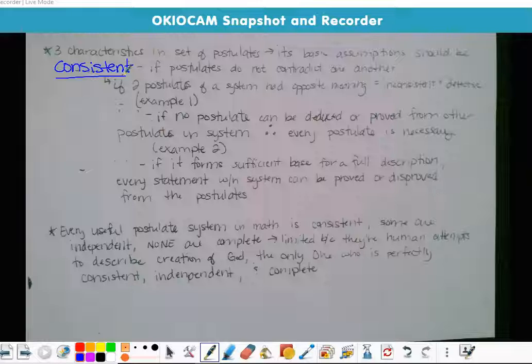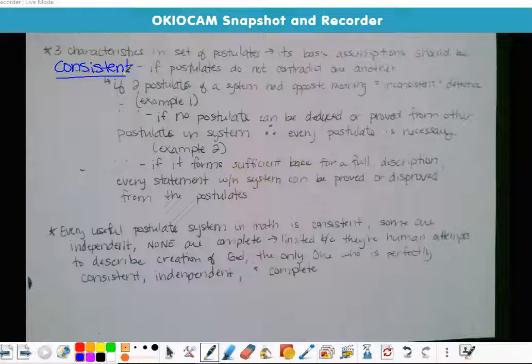So the postulates must not contradict one another, that's important. If we have 2 postulates of a system and they had opposite meaning, then it would be inconsistent. We couldn't have those. And example 1 when we do it is going to be an example for us to look at about consistency.